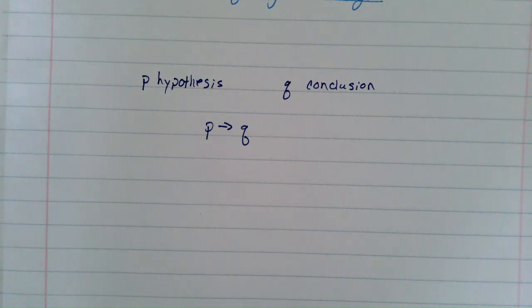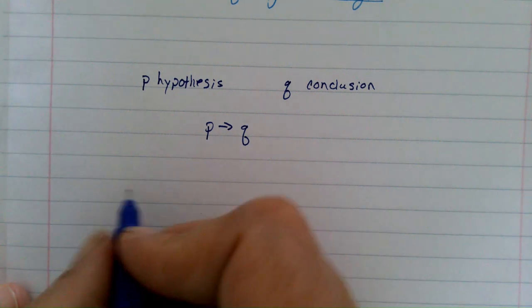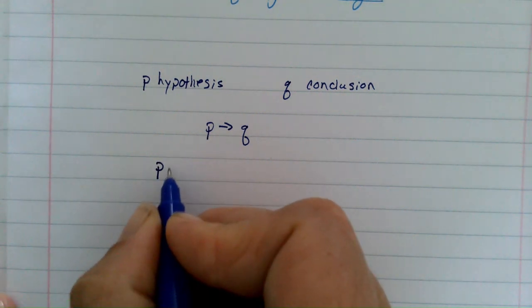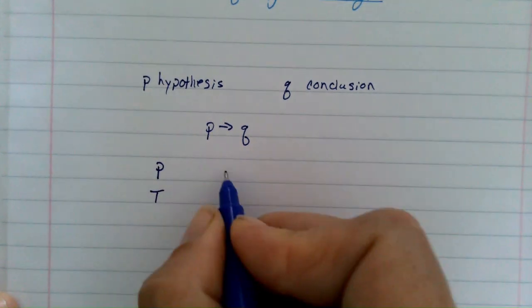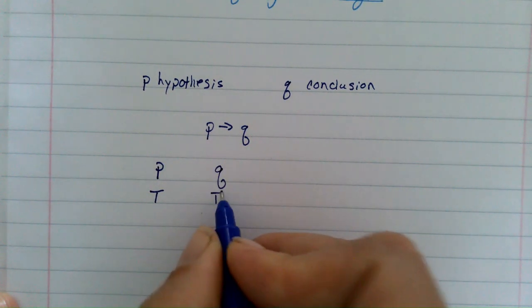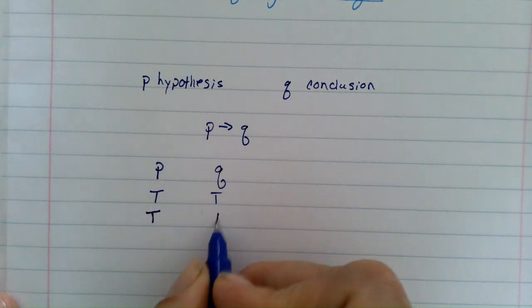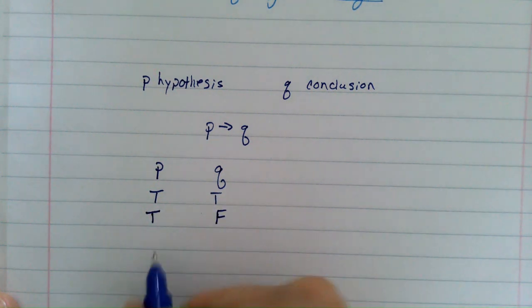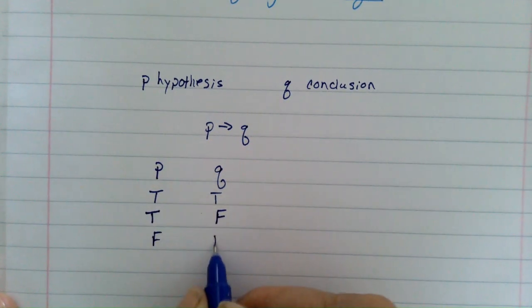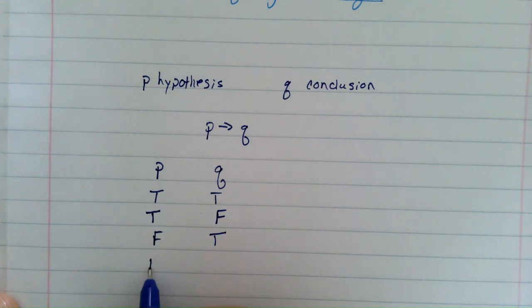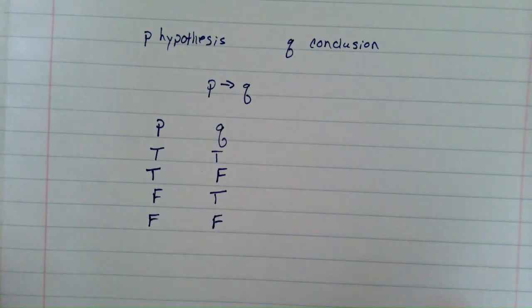P could be true. Q could also be true. P could be true, but Q could be false. P could be false and Q could be true, or they could both be false. These are the only 4 ways that this could happen.